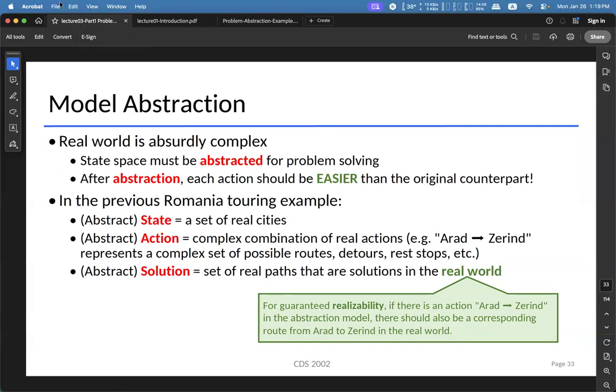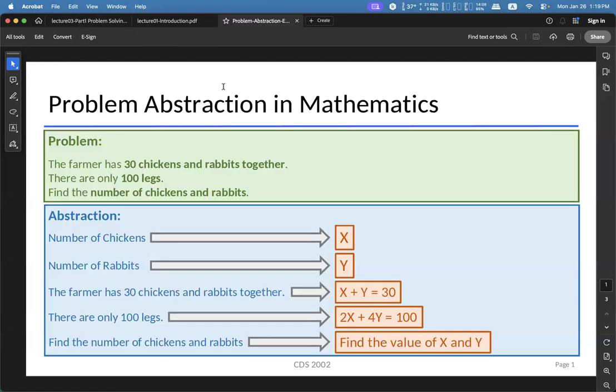So for example, when we are simplifying this mathematical equation, we cannot just miss out any one of the equations here. We must satisfy both. We cannot only satisfy one. So this is what we are talking about with realizability. We cannot oversimplify the questions. We should remove the technical details, but we should be reasonable about this process.